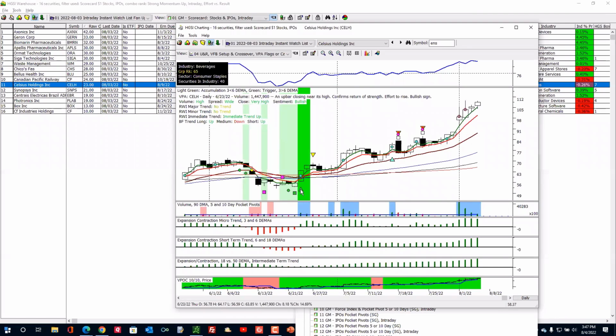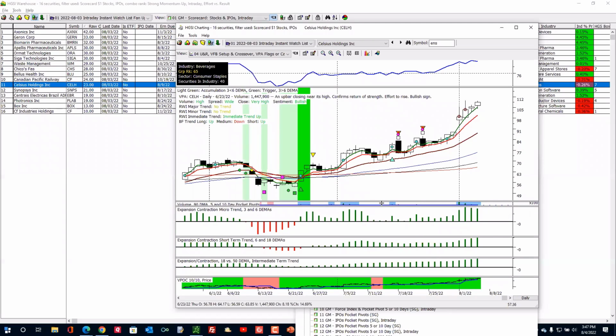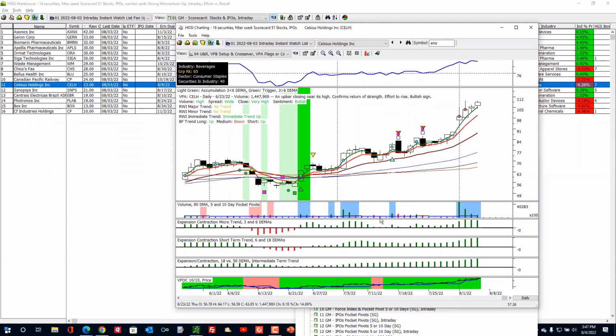Clear back here. And it had a pocket pivot, and it had 2 VPA flags also. Up bar closing near the high and an effort to rise. Beautiful chart. Few shakeout days, nothing too serious. Didn't shake out enough for this histogram to go negative, though, did it? And that's what we're looking for.